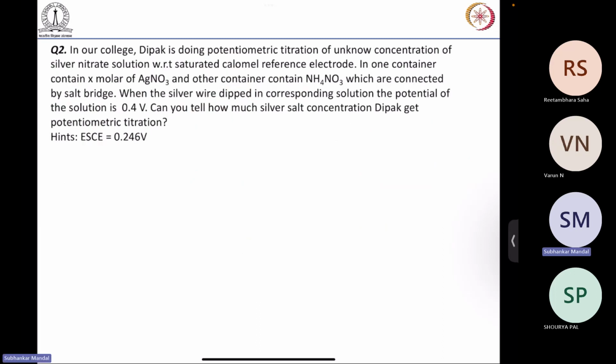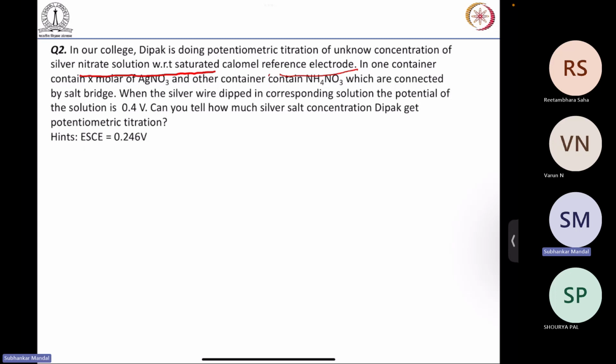So the second question is: in our college, Deepak is doing potentiometric titration of unknown concentration of silver nitrate solution with respect to a saturated calomel electrode, the reference electrode. One container contains X molar silver nitrate and the other container contains ammonium nitrate, directly connected with a salt bridge.